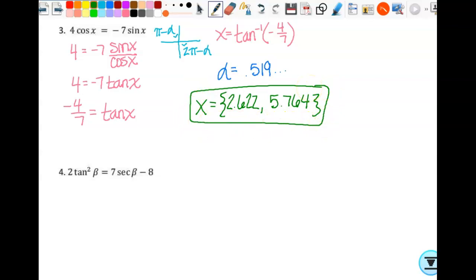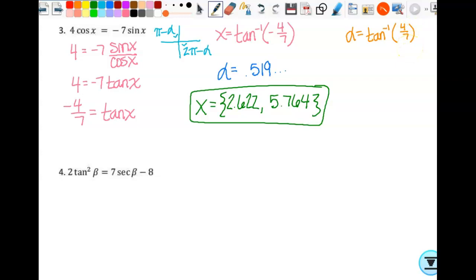But let me give you a little side note. If you're using a calculator that doesn't store numbers for you, there's still hope. It's not like you just can't do it at all. We know that alpha is 0.519, but alpha is the tangent inverse of 4 over 7, like a positive 4 over 7.